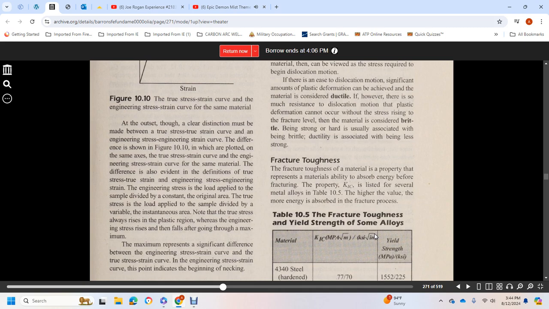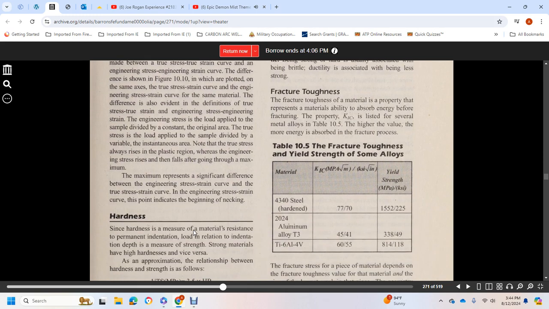Engineering stress is the load applied to the sample divided by the constant original area, while true stress is the load applied to the sample divided by the variable instantaneous area. Note that true stress always rises in the plastic region, whereas engineering stress rises, goes through a maximum, and then falls. That maximum represents a significant difference between the engineering and true stress-strain curves, and this point indicates the beginning of necking.